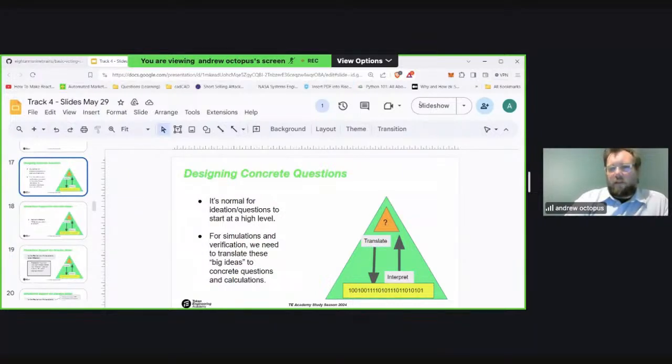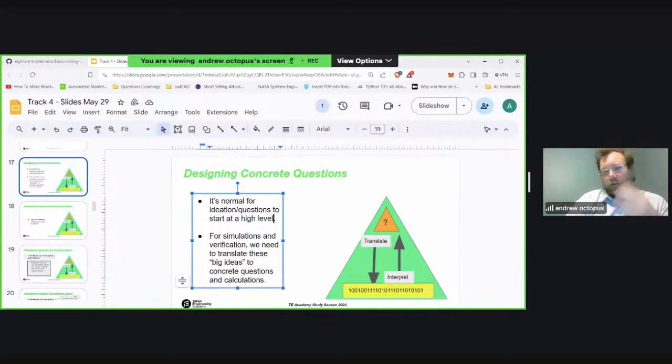As a token engineer, that's something I absolutely have to have. Now, often the client doesn't start out with those types of concrete questions. They start out with high-level questions of, how can I make money at this? How can I be sure the system doesn't fall apart? But in order to answer that, I need to translate from these high-level questions that are often extremely abstract down to low-level questions that I can answer mechanistically.